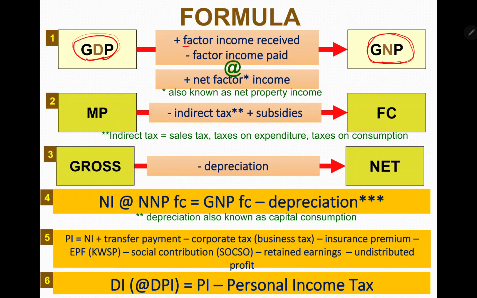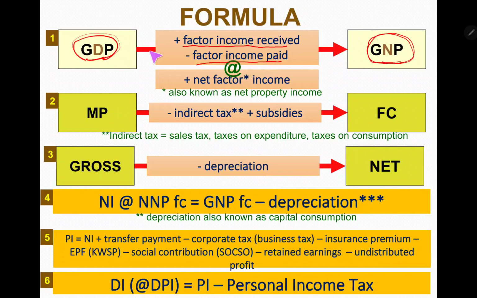You need to plus factor income received minus factor income paid, meaning that whatever you produce inside your country, and then you plus your income received from overseas, because some company or some people in your country might open business abroad, so the income received from abroad should be plus, and then you minus whatever belongs to other country, you will give in the form of income paid to the country, and this will represent the GNP.